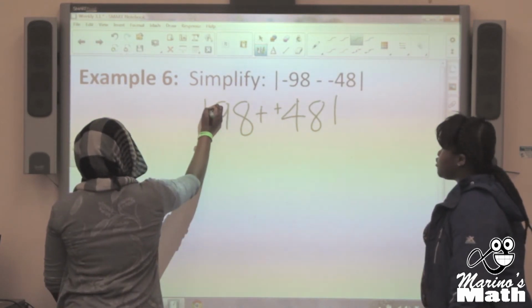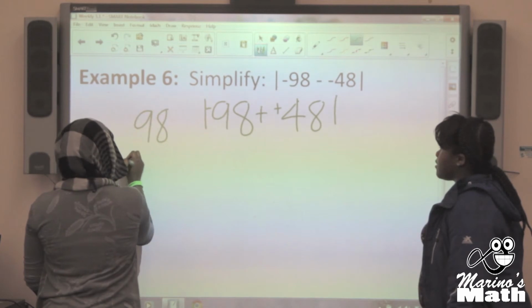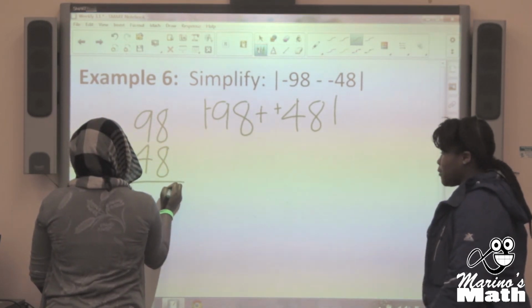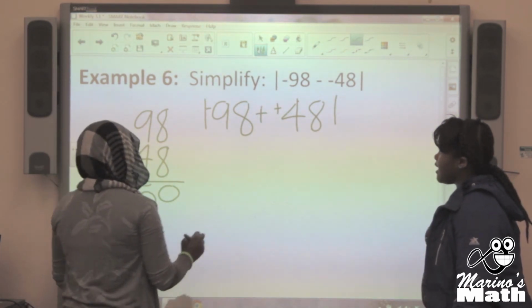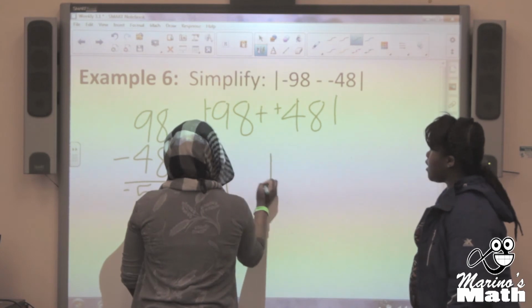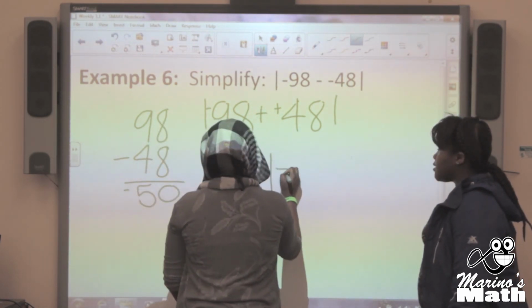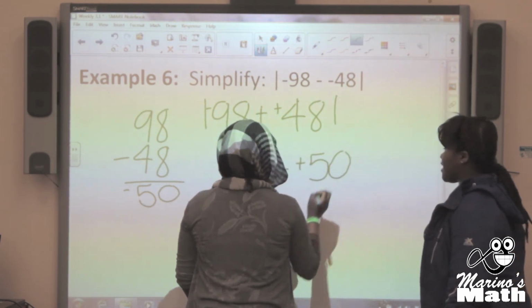So we're going to subtract 98, subtract 48, which equals 50. And you know it's a negative because you owe more than what you have. So the absolute value of -50 is +50.